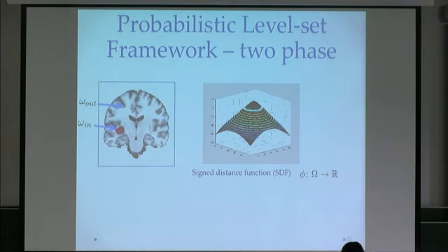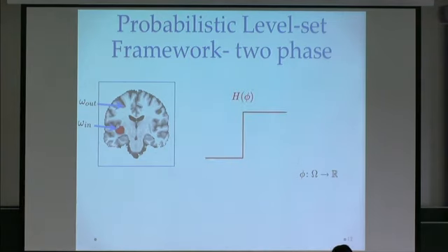But one nice way to do so is to apply a step function, a Heaviside function, or a sigmoid, in order to do it in a nice and elegant way. And for example, Chan-Vese in 2001 suggested to use an arctangent sigmoid to do that.